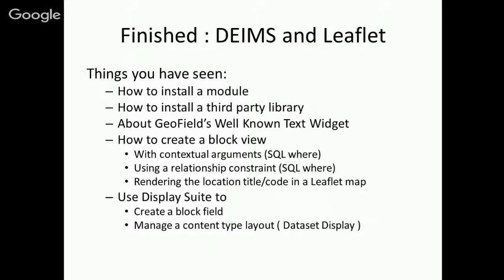Then we also learned how to create a block view that takes a contextual argument and uses a relationship constraint, and it renders a couple of fields in a leaflet map display.